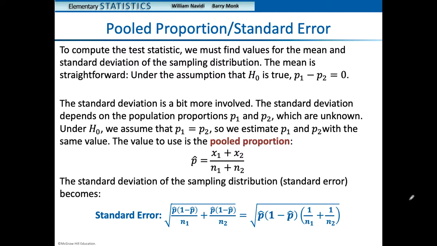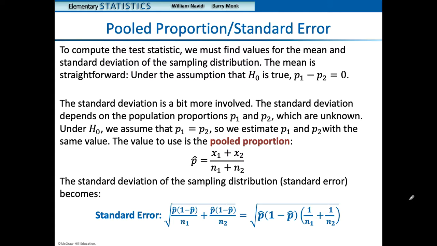So when we replace P1 and P2 with our best estimate, we will be replacing both with the same value, because we're assuming they're equal to each other. The best value to use is referred to as the pooled proportion, which we represent with the symbol p hat.